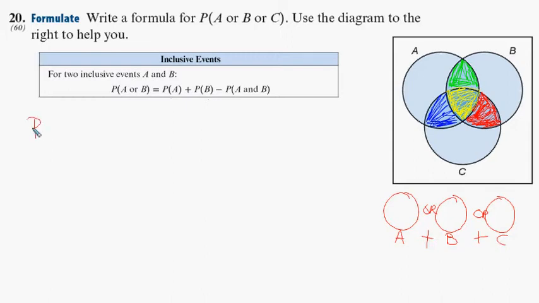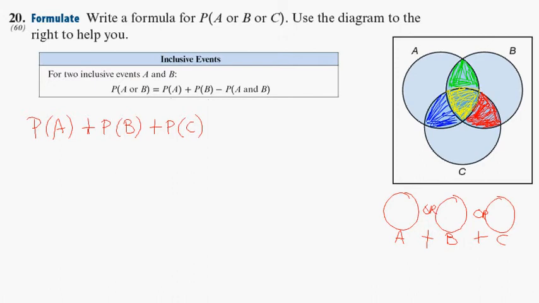So the first part would be the probability of A plus the probability of B plus the probability of C, okay? Very easy. But now is where we get busy and start subtracting out all the places where there's overlap, okay?